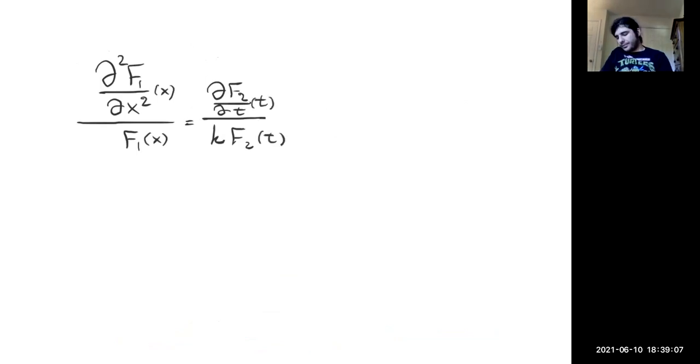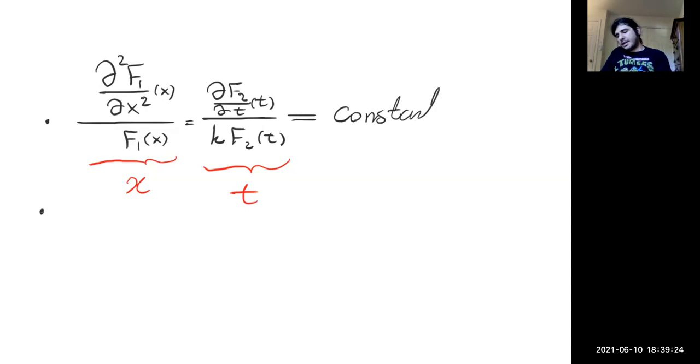They are equal. Now remember, as I mentioned the other time, because one is a function of x and the other is a function of t, they can be equal only if both of them are equal to constants. They don't have any x or t in these forms, right? This is what we did before. Now let's look at the boundary value conditions.